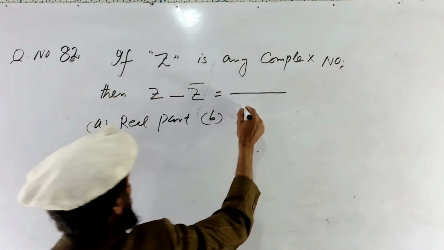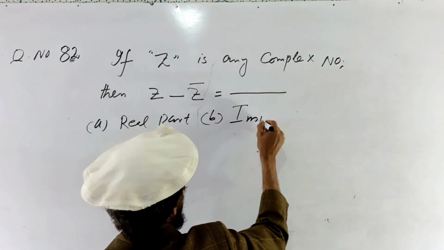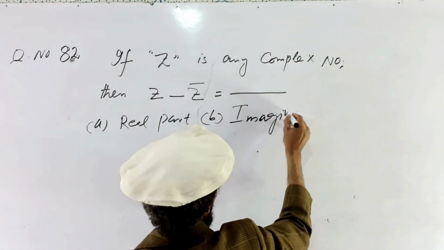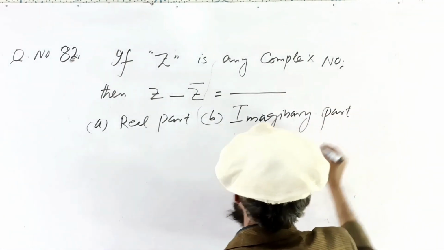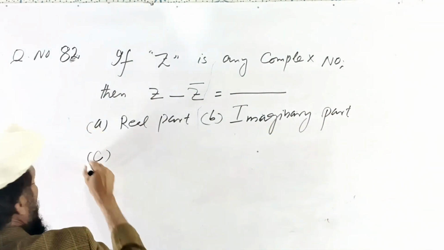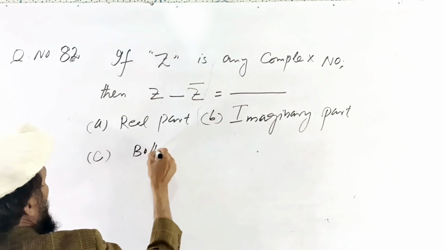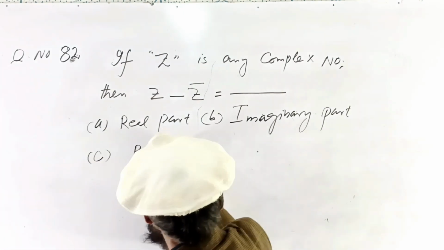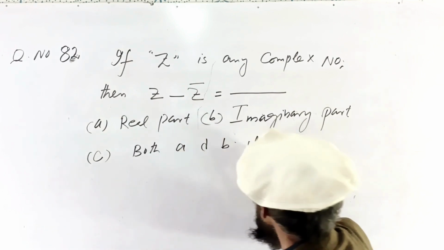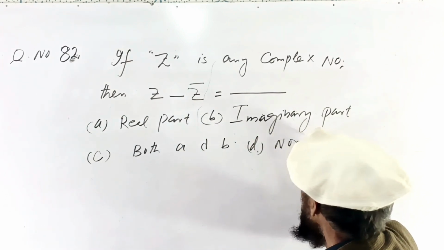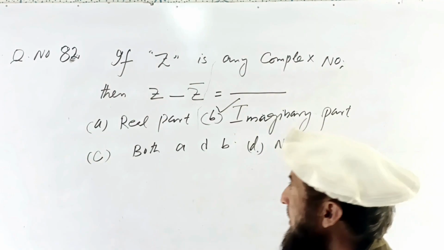B, imaginary part. C, both A and B. D, none of these. The correct answer is B, imaginary part.